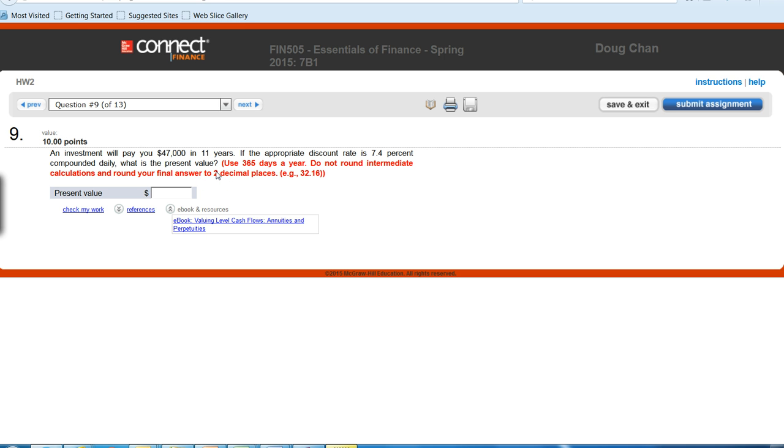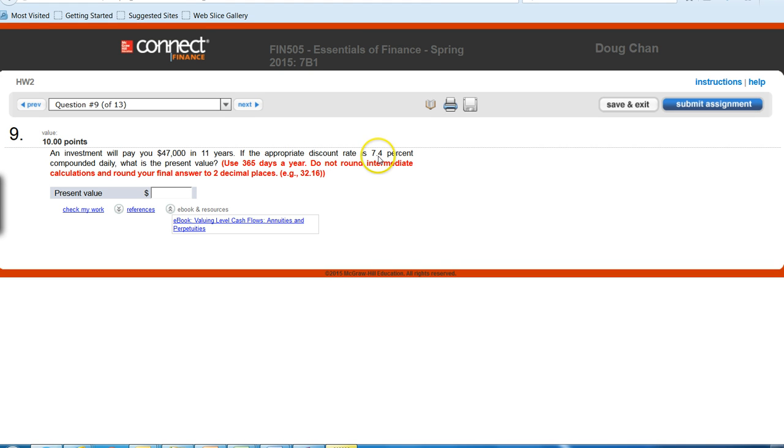So as we said, if we are calculating present value, in that case the interest rate is also called the discount rate. The reason is that to get present value, we need to discount the future value back to present. And in general, the present value is smaller than the future value. That's why in that case, the interest rate is also called the discount rate.